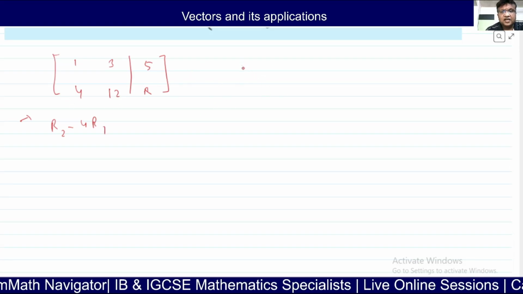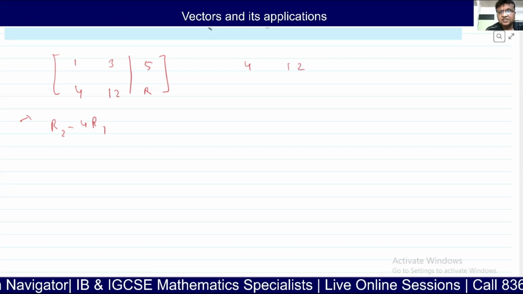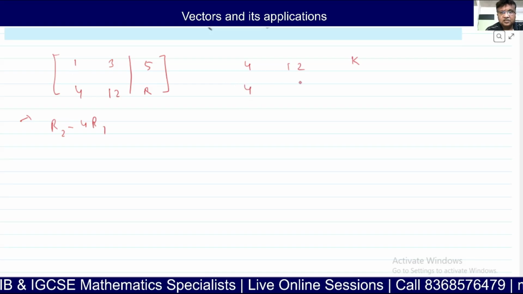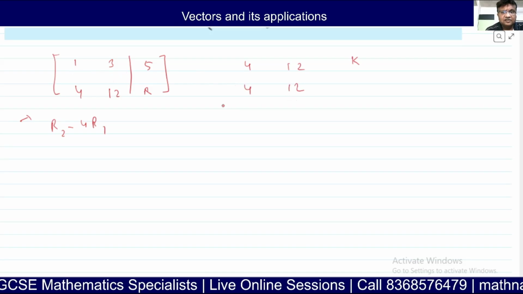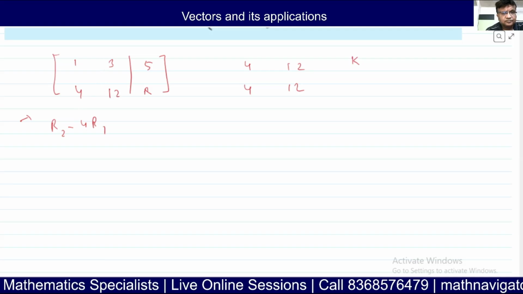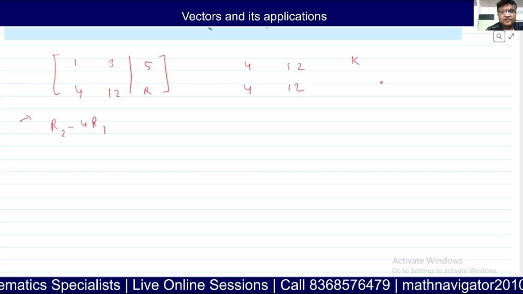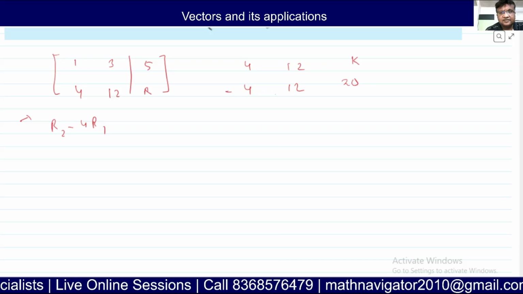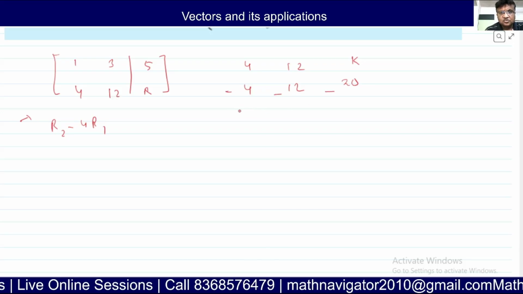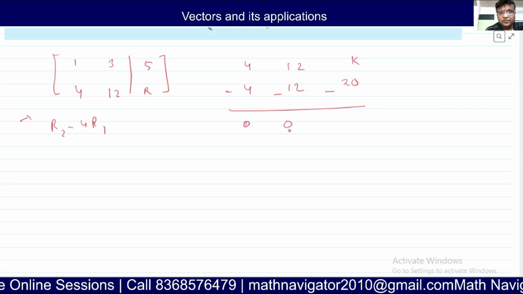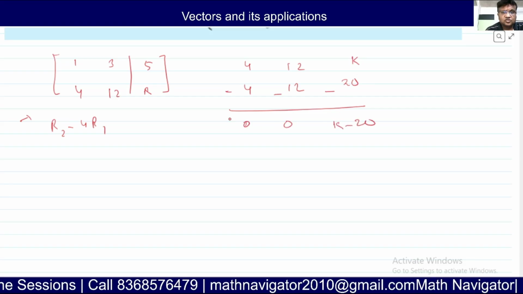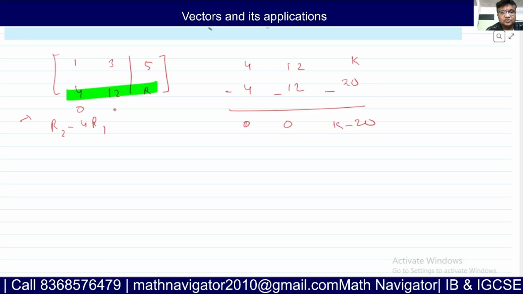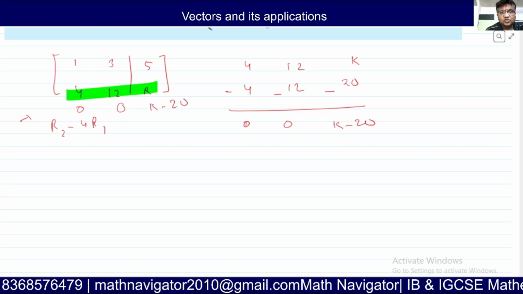My R2 is 4, 12, and k. 4R1: 4, 3 fours are 12, and 5 fours are 20. I'll put negative signs, because signs are changing. So now I got 0, 0, and this is k minus 20. I'm replacing this row with this, so I now have 0, 0, k minus 20.